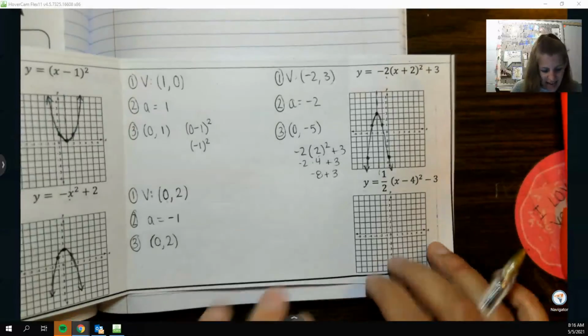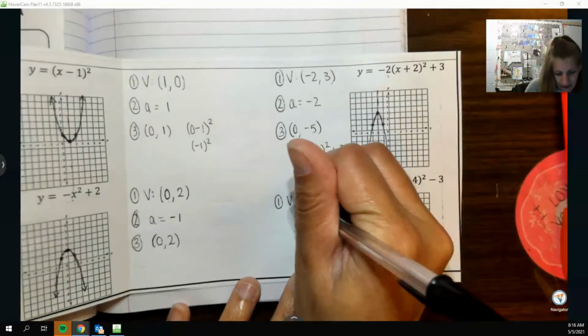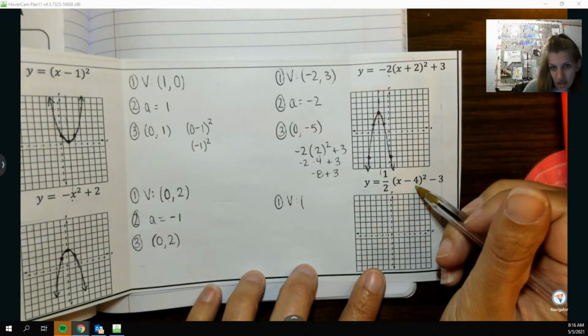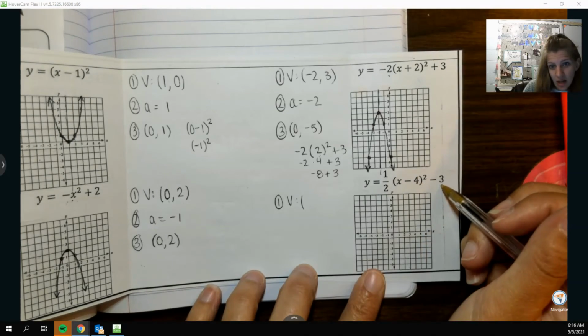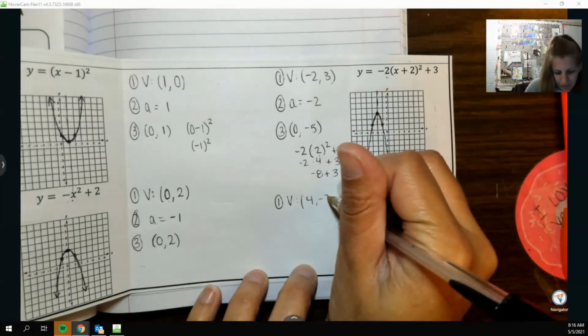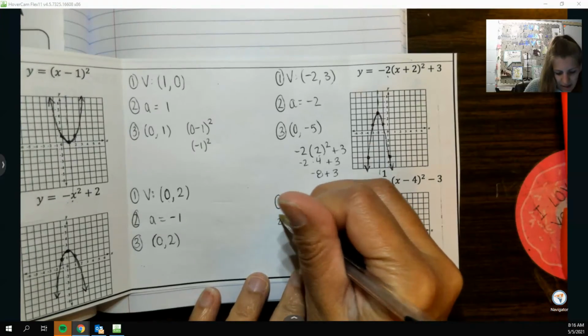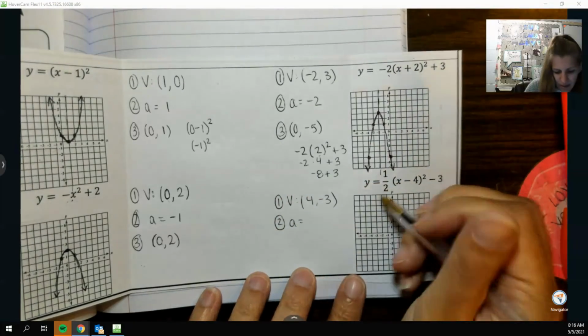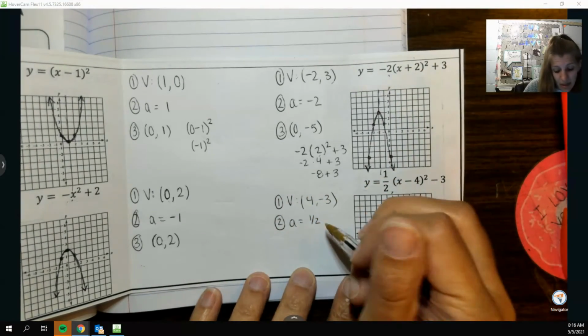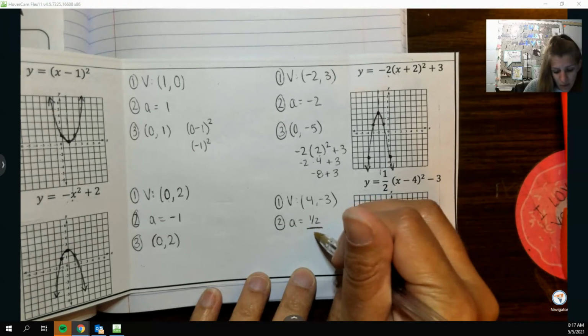Alrighty, last one we got. First going to find that vertex, which is at (4, -3). Then I would find that slope, which is the front number, so 1/2. But really I'm going to think of that as 1/2 over 1.